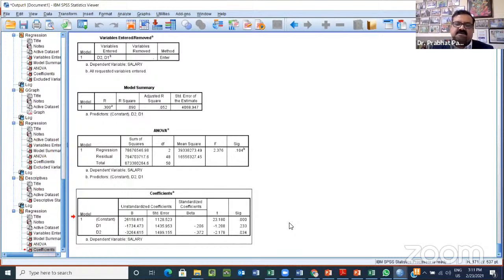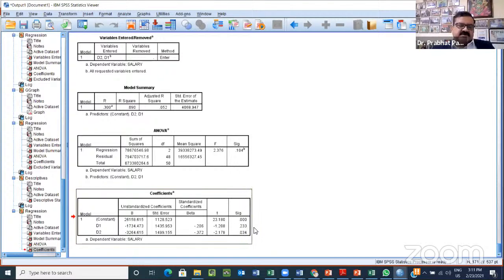So you cannot take this difference as significant. You cannot generalize on the basis of this difference for the population. That means it's insignificant. Insignificant means you are accepting the null hypothesis that the salary of the North and the West are the same. They are not different. That's all. Thank you.